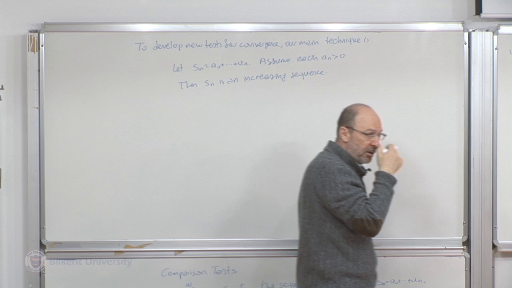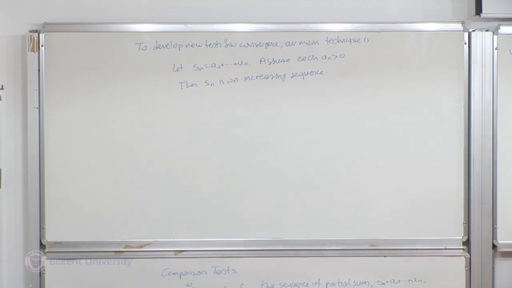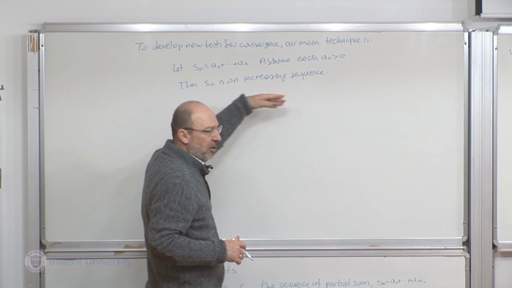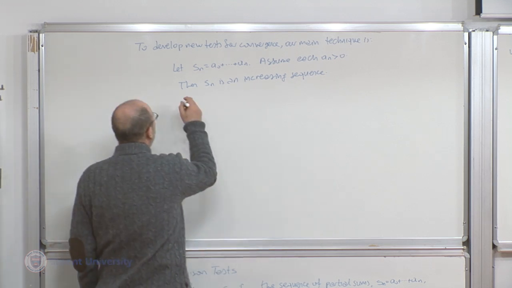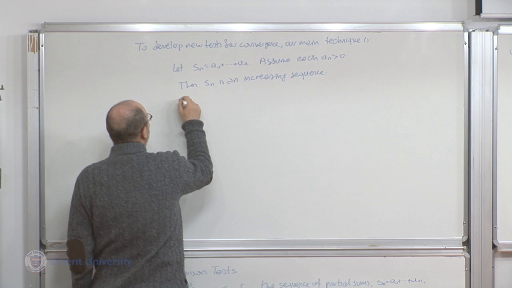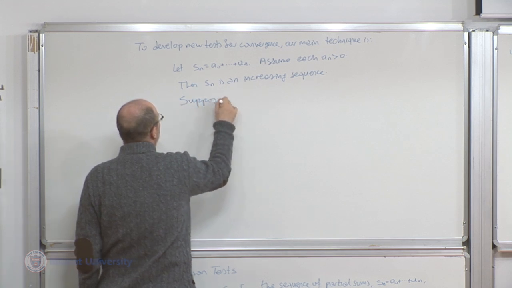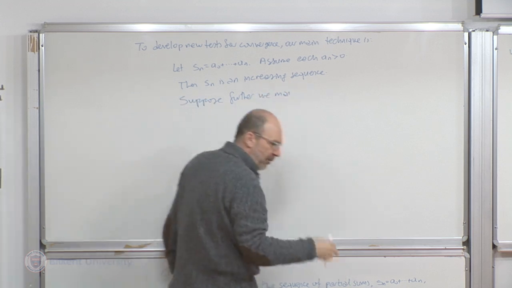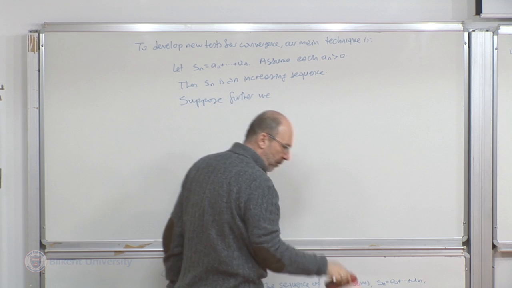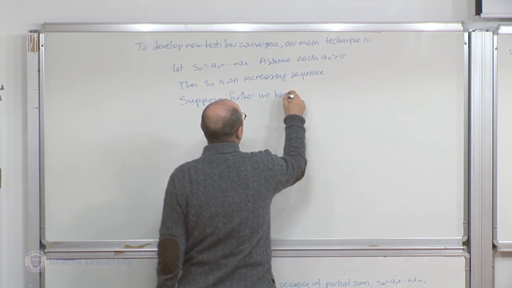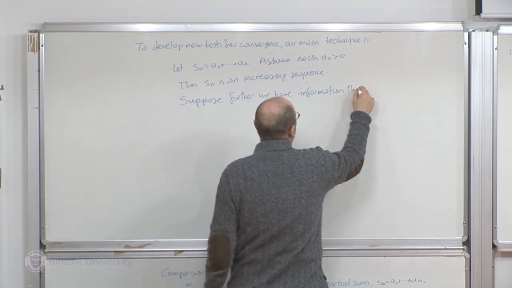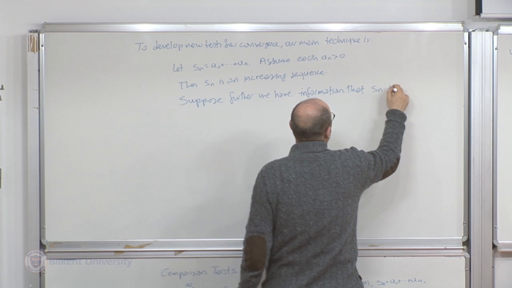Okay, an increasing sequence either goes to infinity or converges somewhere. Okay, it's either divergent, or if it diverges, it goes to infinity because it's increasing. Suppose further, so this is the part that we will suppose, we have information that Sn is bounded from above.